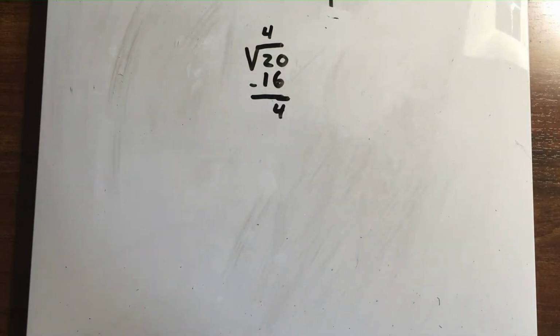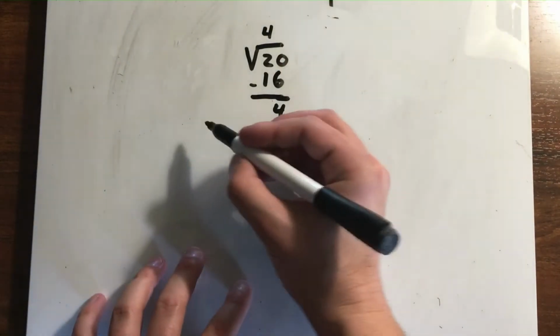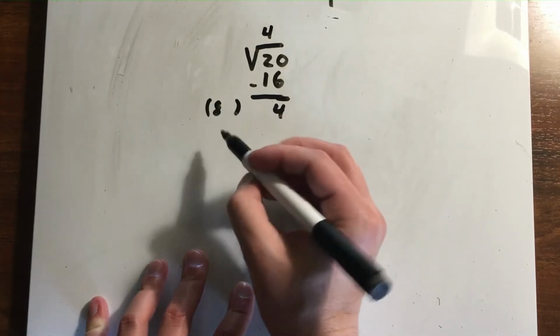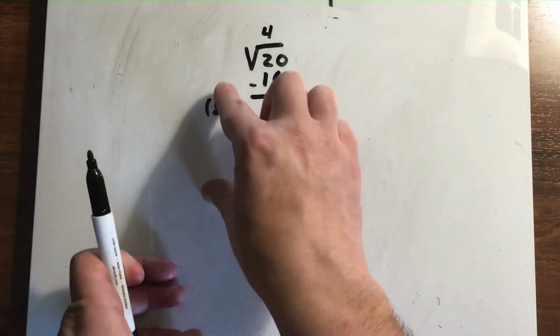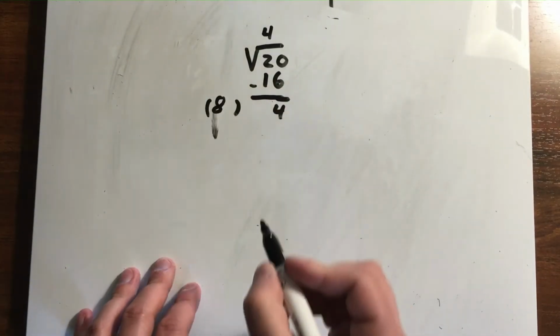Now the next step is you have to take this number and double it and put it in parentheses with a little bit of space right here. It's kind of sloppy. 8.